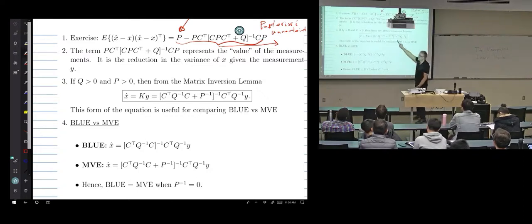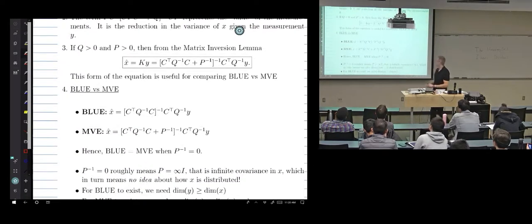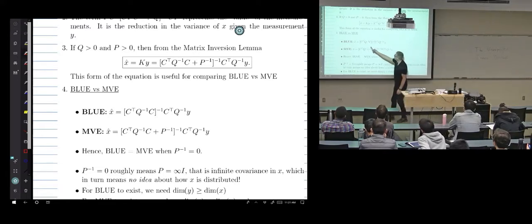Then you can apply the matrix inversion lemma, like you anticipated, okay? And then you can compare everything between BLUE and the minimum variance estimator, okay? So this is what BLUE looks like. And then this has a different form here.